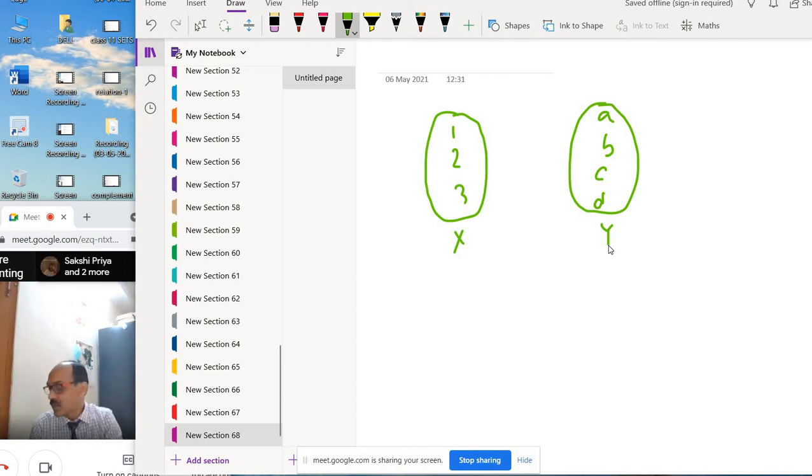So now what is domain? Domain means elements of the first set, that is, the X set elements. So domain equals the first set elements, 1, 2, 3.